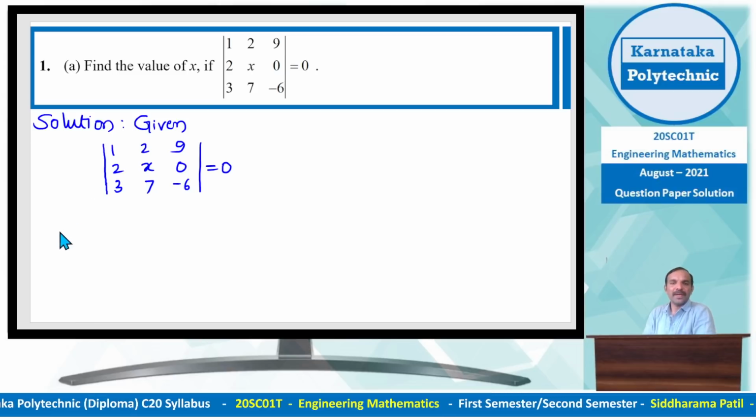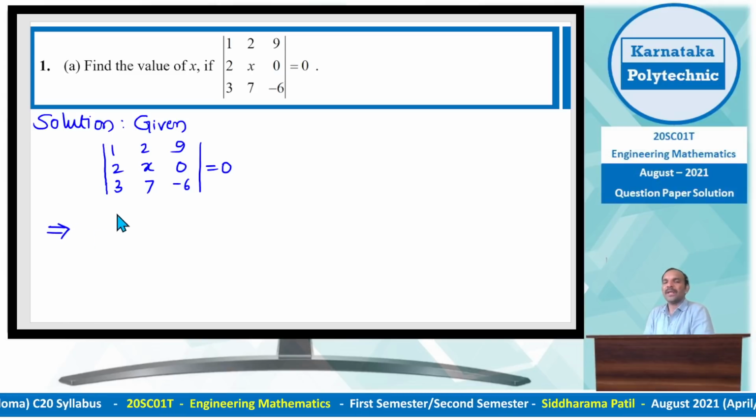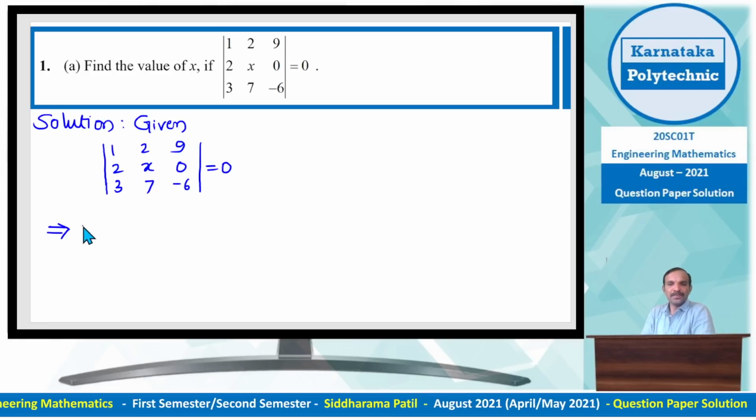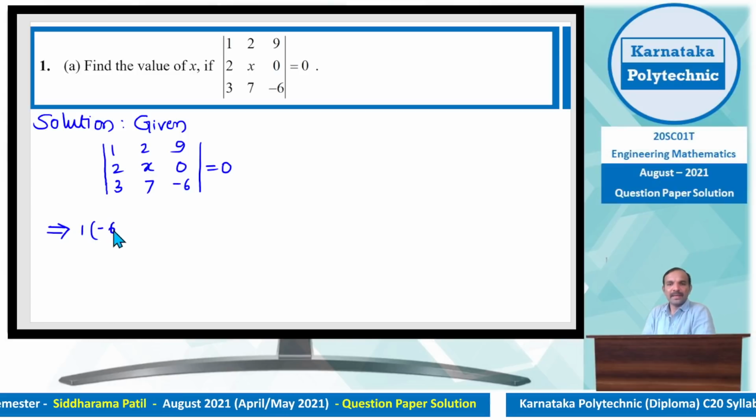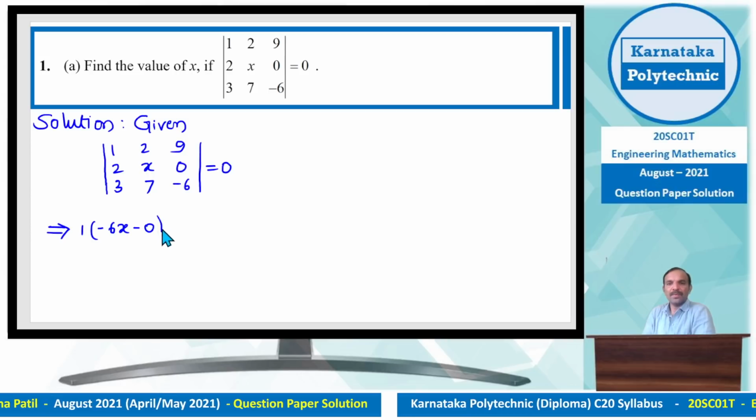Now simplify. That is, you have to expand this determinant using any row or any column. With respect to the first row, I am expanding here. Here we take positive, negative, positive. 1 into, first row deleted, first column deleted, what remains is x 0, 7 minus 6: x into minus 6 is minus 6x, 7 into 0 is 0.